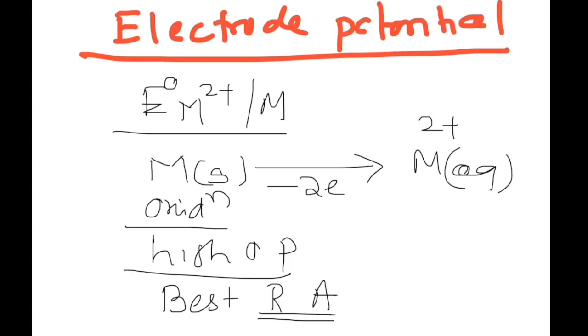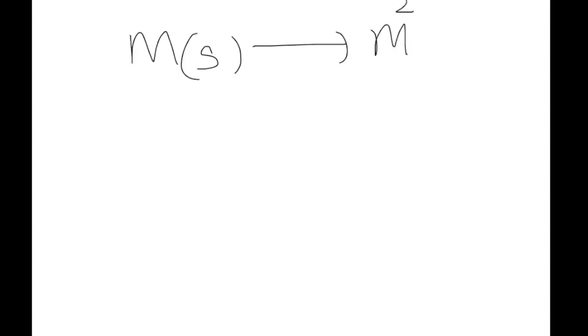How will we compare their oxidation potential value? If M solid form is converted to M2 plus aqueous form, it should be more stable in M2 plus form in aqueous medium. So it has to release more amount of energy.